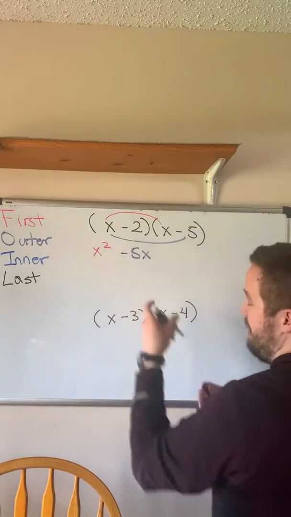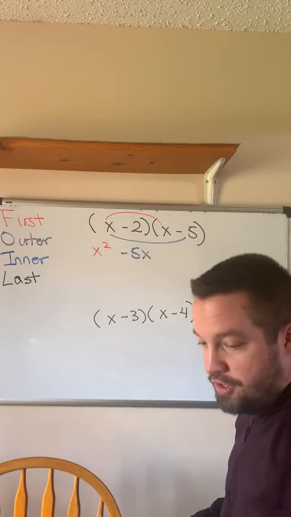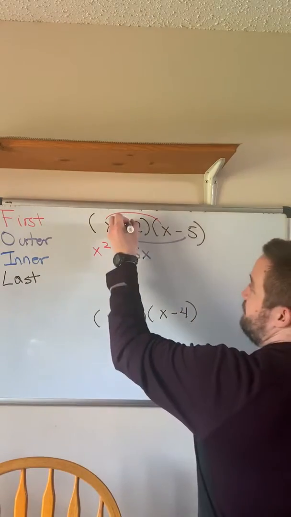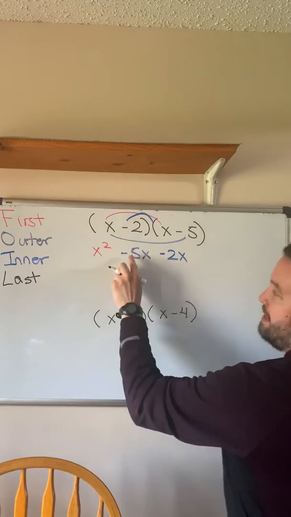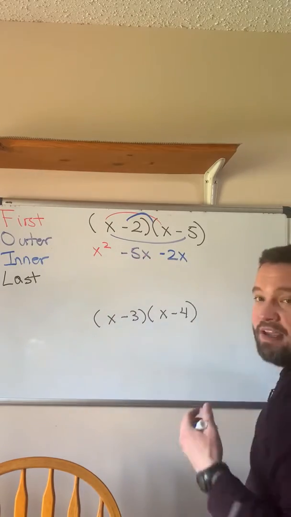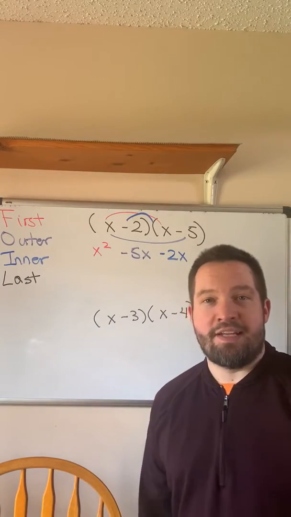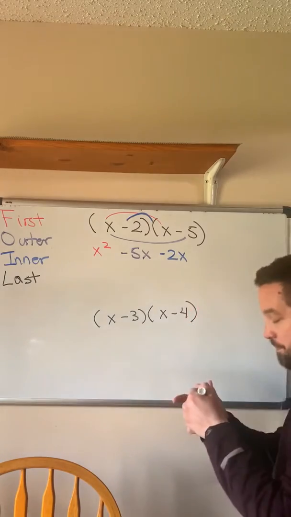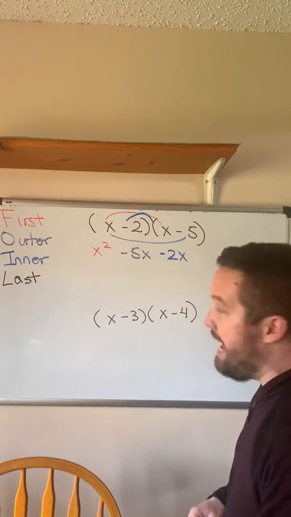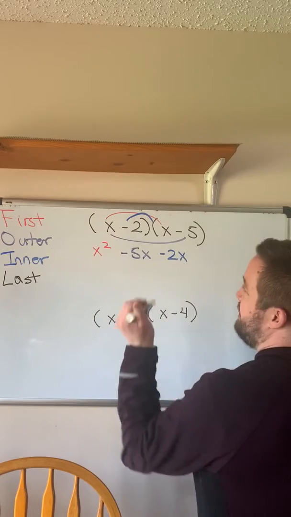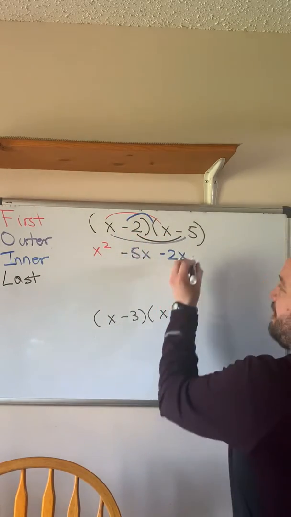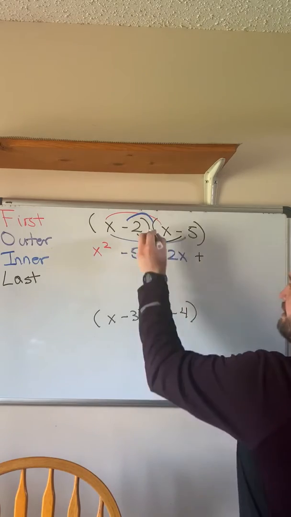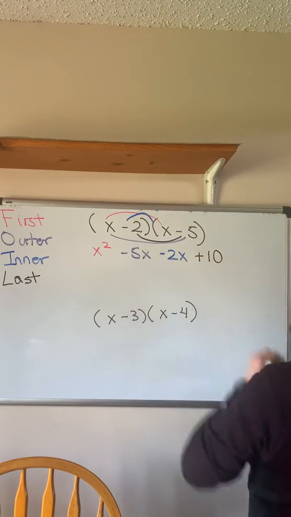Then I go to the inside, a negative 2 times x, which is a negative 2x. Remember again, a positive times a negative is a negative. Then my last terms, a negative 2 and a negative 5. A negative times a negative is a positive, and 2 times 5 is 10.